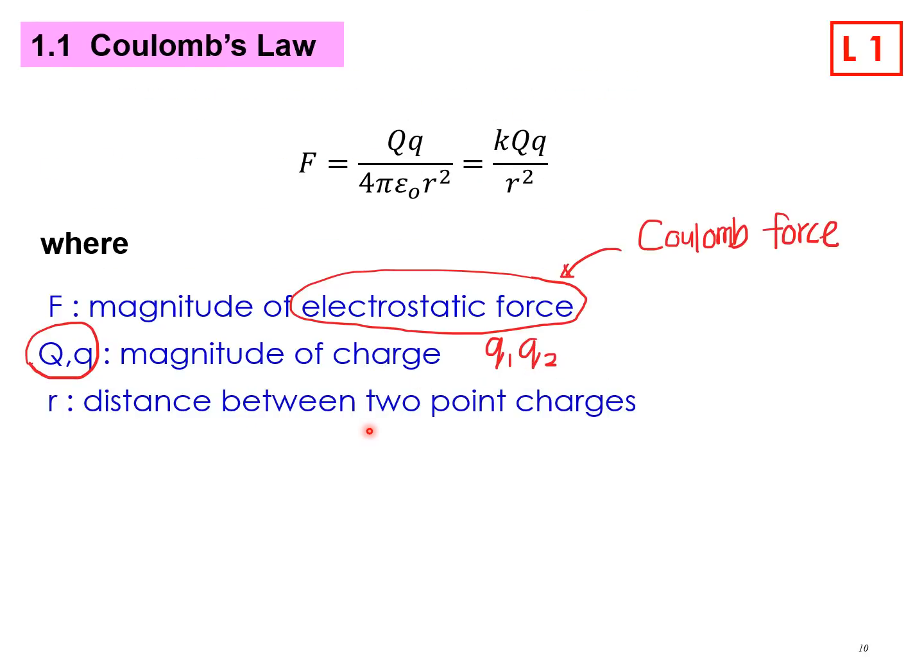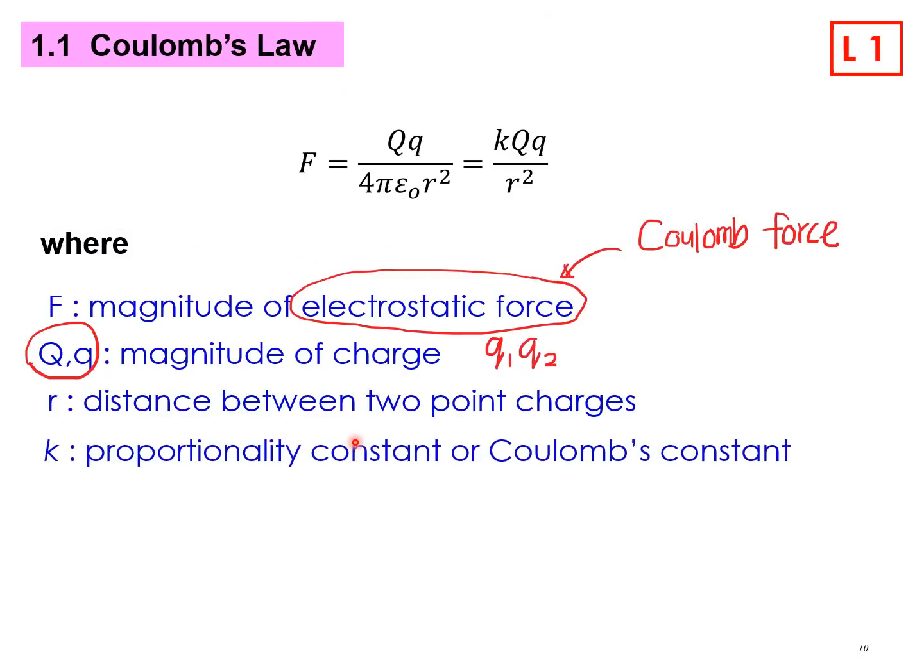r is the distance between two point charges. K is the proportionality constant or Coulomb constant, where the value is 9 times 10 to the power of 9 newton meter squared coulomb to the power of negative 2. C here represents the unit of charge, which is coulombs.